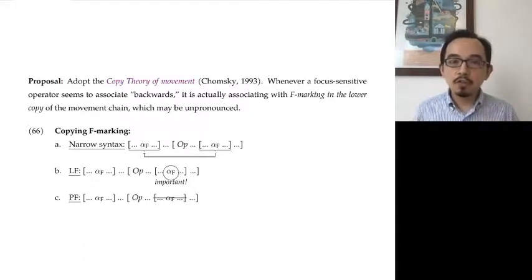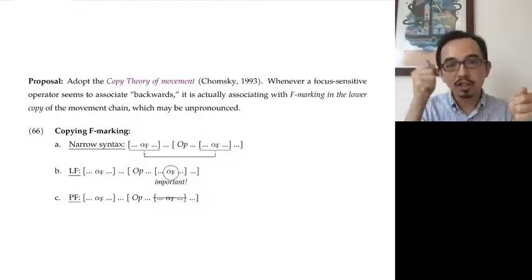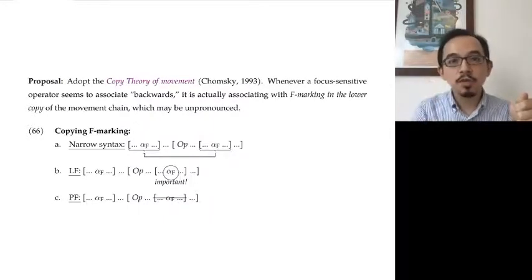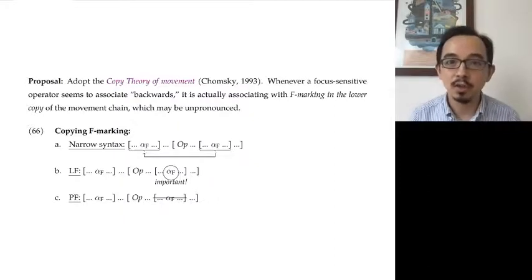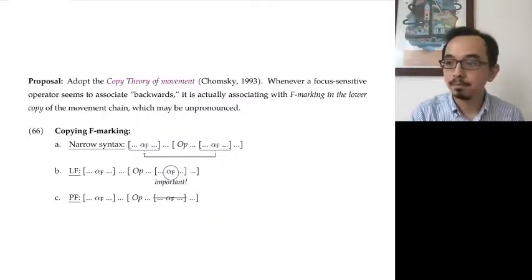But in the logical form, you actually have both copies, and in particular, you have an F-marked copy in the scope of the focus operator, and that's why the focus-sensitive operator, the focus particle, can continue to associate with it, at least in the case of even and also. And we'll see what goes wrong in the case of only.